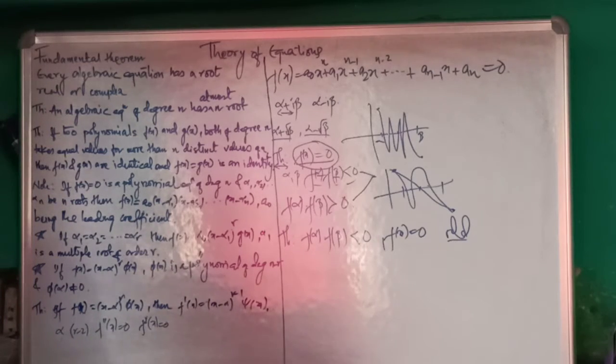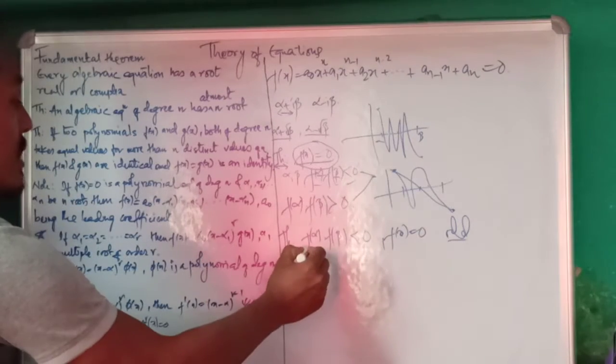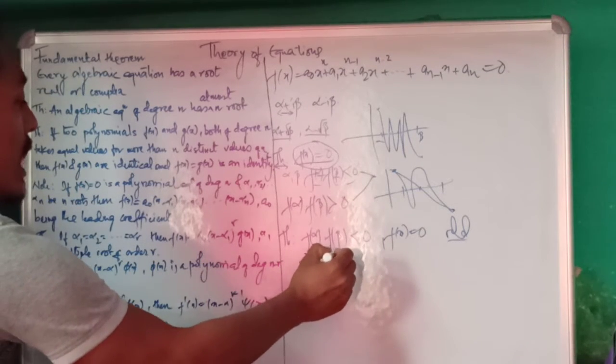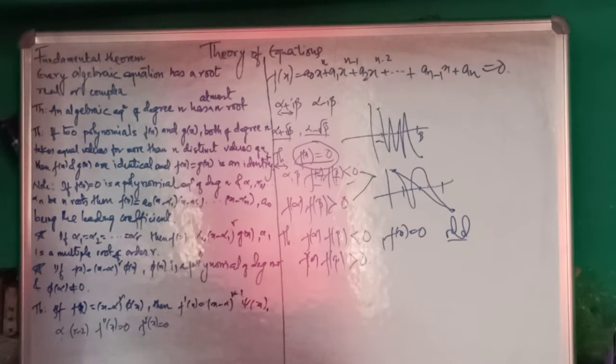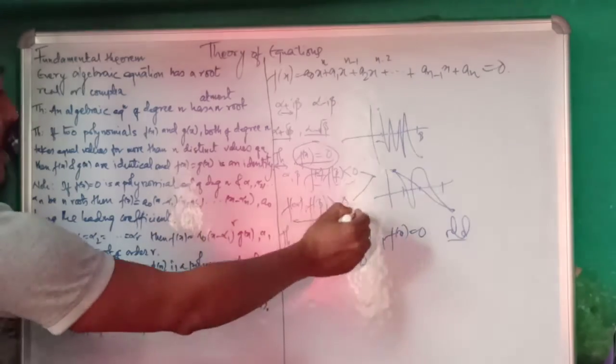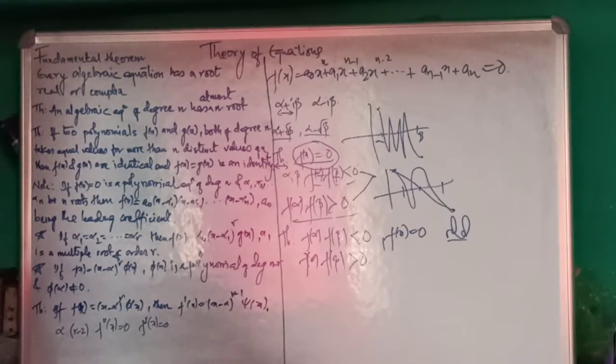roots. But if f of alpha and f of beta are of the same sign, that is, if f of alpha into f of beta is greater than 0, then what was in this theorem corollary? That f of x equals 0 has no real root.